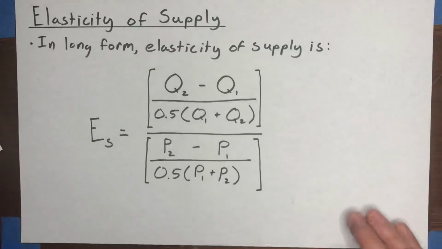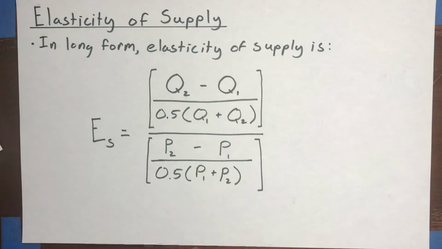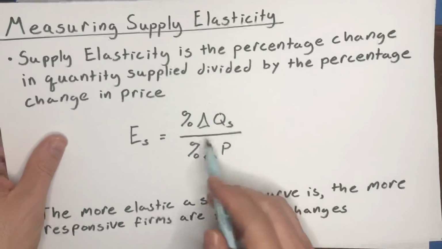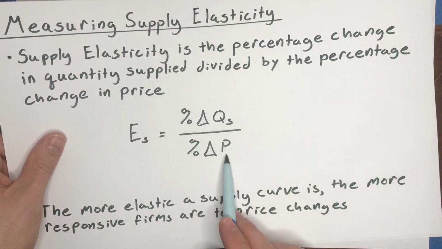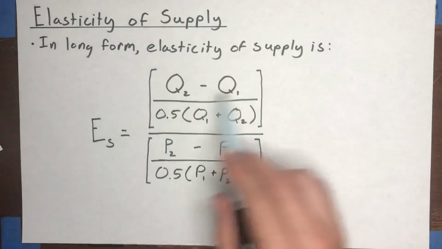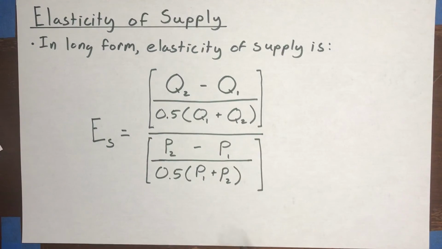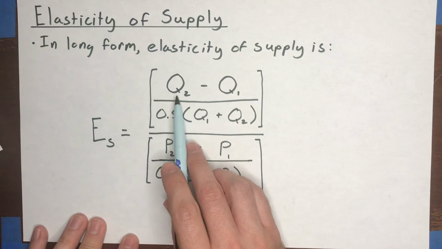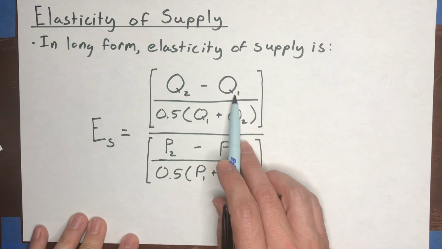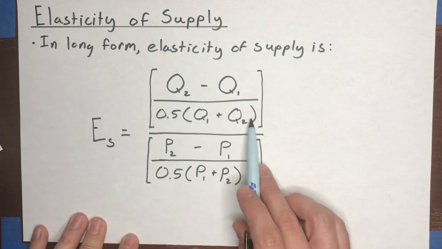Finally, the elasticity formula in long form, just like with demand. This is the compact form for supply, percentage change in quantity supplied divided by percentage change in price. This expands those terms so that you see exactly what's involved. You're taking the new quantity of units supplied and subtracting out the old quantity, dividing that by the average of the two quantities.